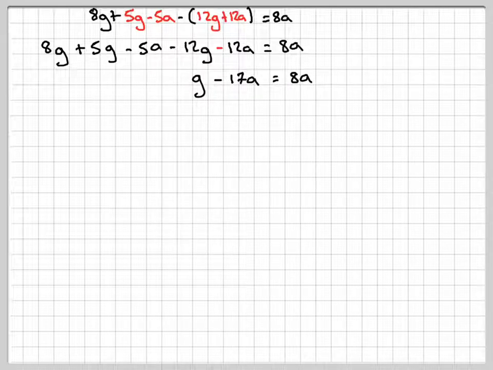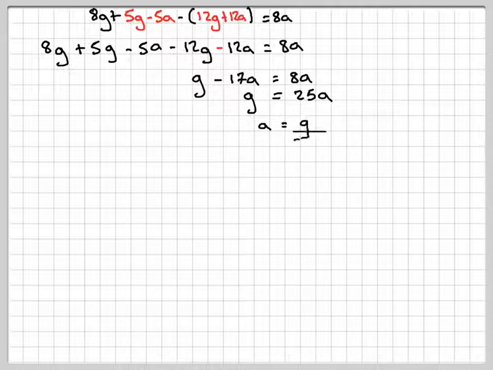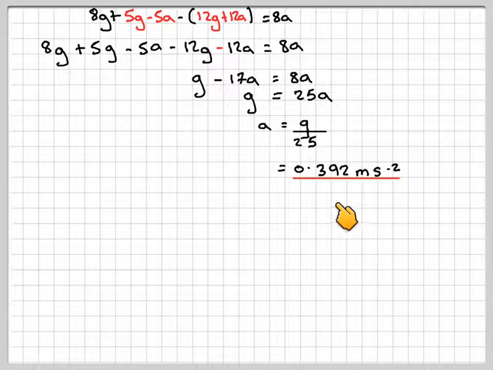And then if we add 17a to both sides, we're going to get that g is equal to 25a. And therefore a will be g over 25, which is equal to 0.392 meters per second squared.